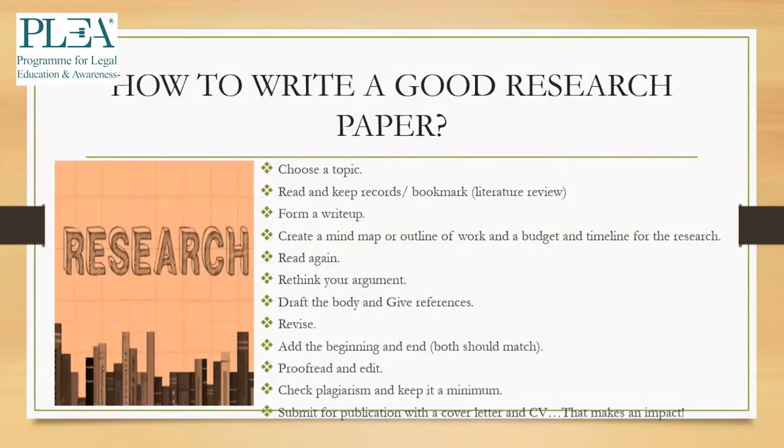How to write a good research paper. Finally, in order to write a good research paper, we need to keep certain things in mind. This is a summary of all we discussed. First of all, you start with a topic of your interest. Keep records, read a lot. That is, the literature review should be good, strong with your basics.